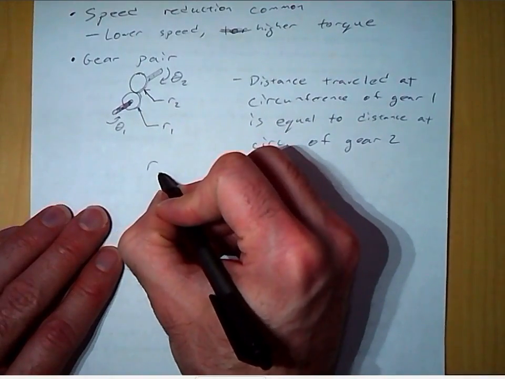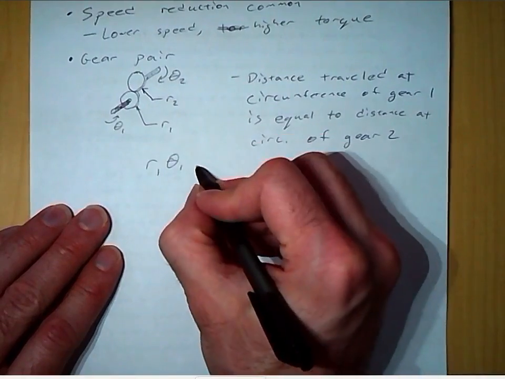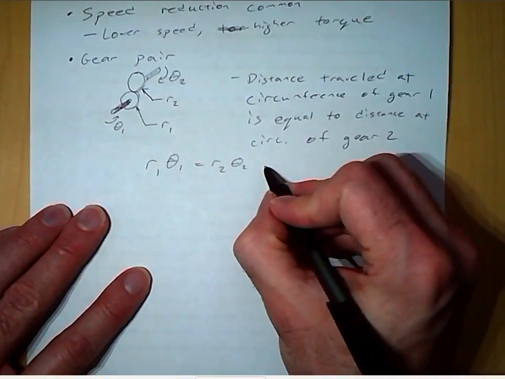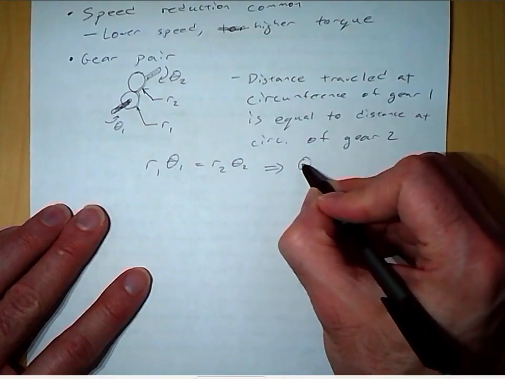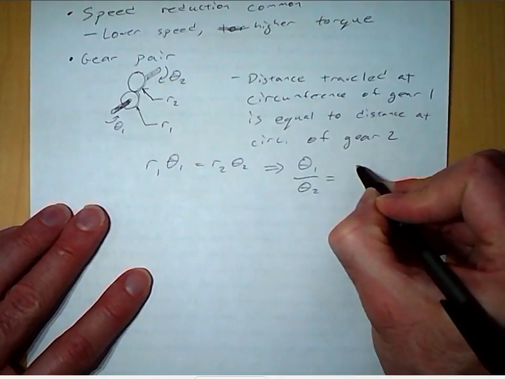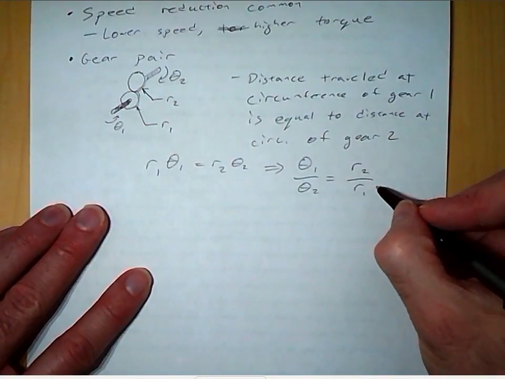Mathematically, that means that R1 times theta 1, where theta is a displacement, is equal to R2 times theta 2. That gives us a ratio between any displacement of gear 1 and gear 2. It has to be equal to the ratio of radius 2 to radius 1.